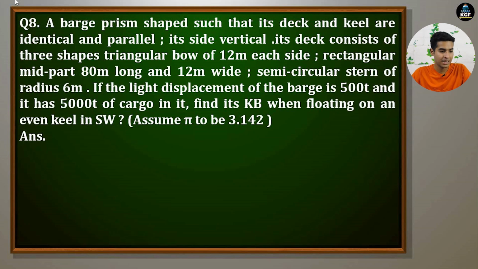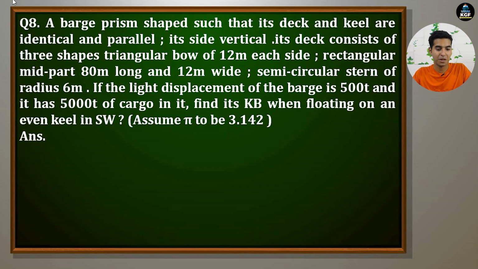So question 8 says that a barge is prism shaped such that its deck and keel are identical and parallel. Its sides are vertical, and its deck consists of three shapes: a triangular bow of 12 meters each side, a rectangular mid part 80 meters long and 12 meters wide, and a semicircular stern of radius 6 meters.